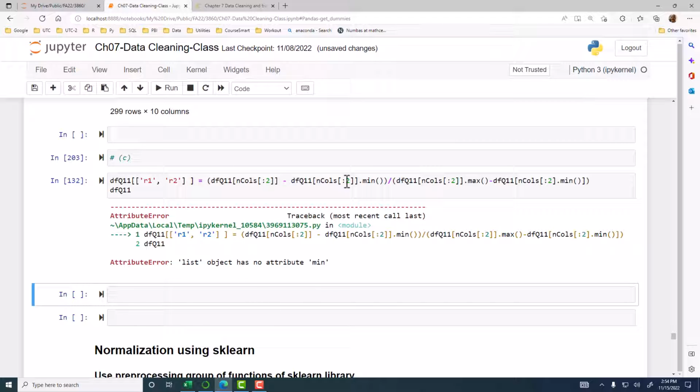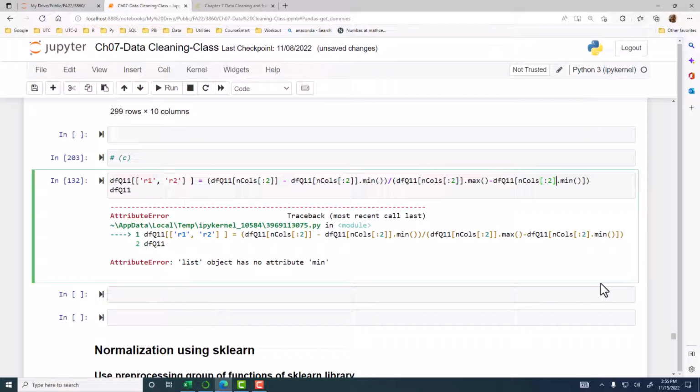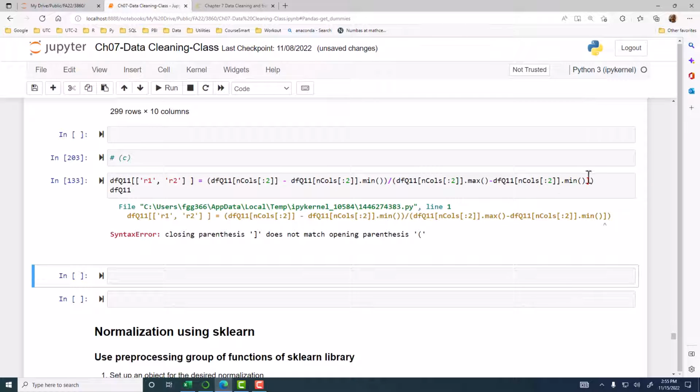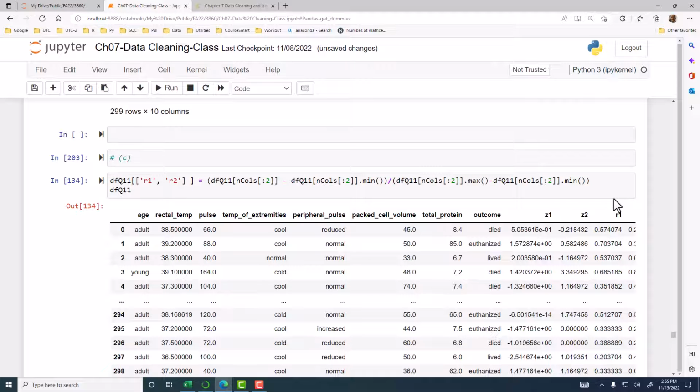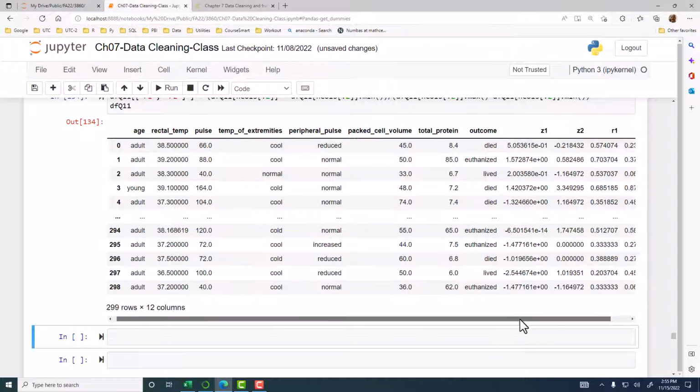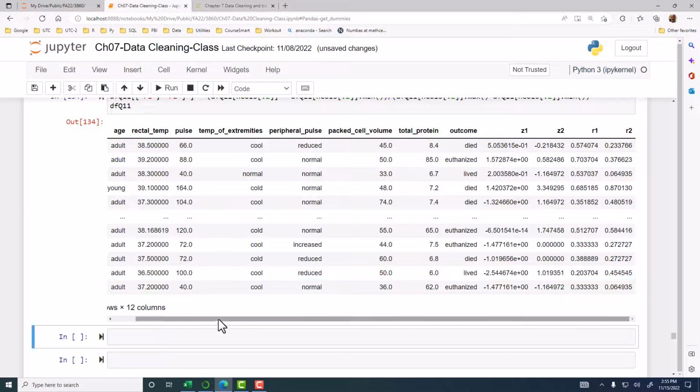So here, Q2. Okay, so that one should be another. I'm missing a square bracket there. And that's extra. Okay, so I had some brackets missing, so you get R1 and R2.